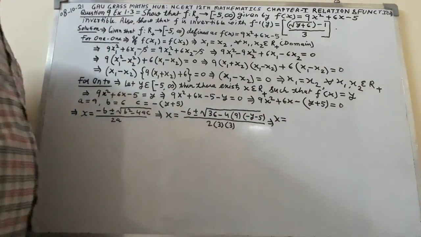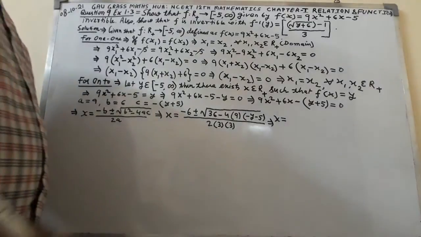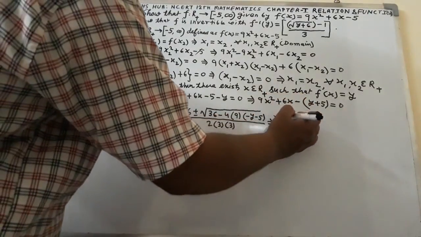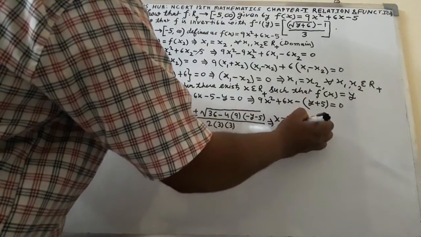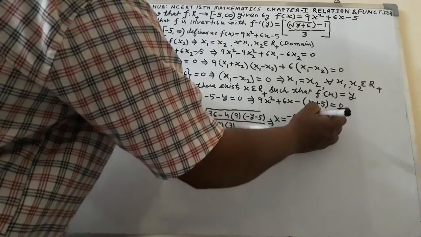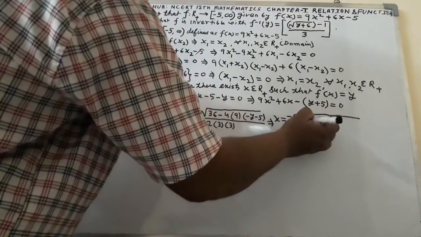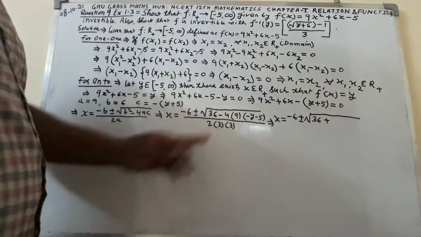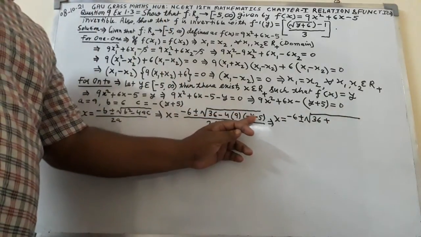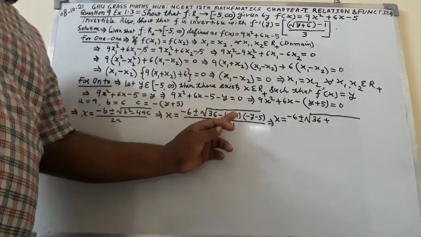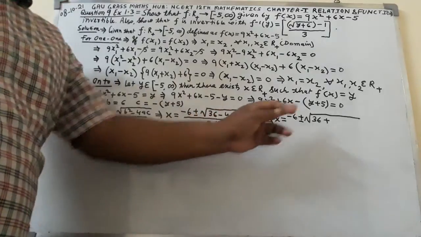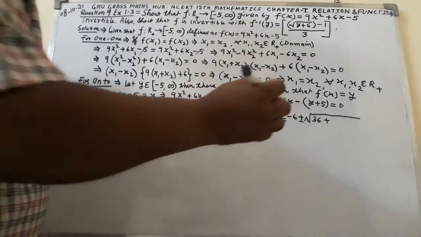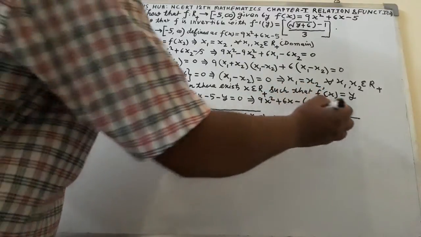Implied that x is equal to minus 6 plus minus under root 36 plus. Here take minus as a common, here minus will multiply, you will get here plus, here you will get 9 into 4, 36.